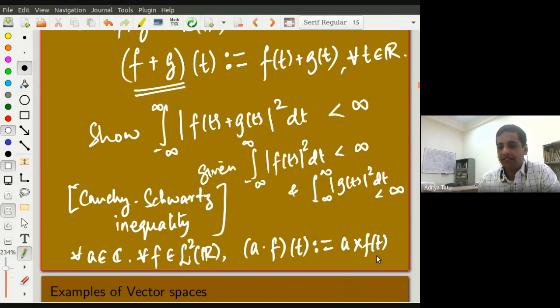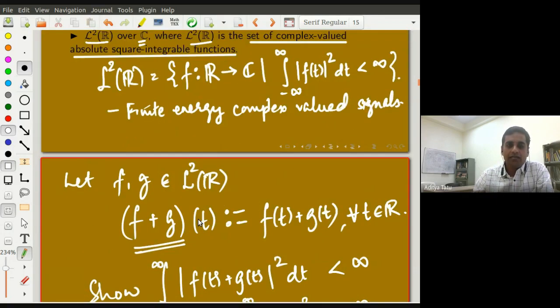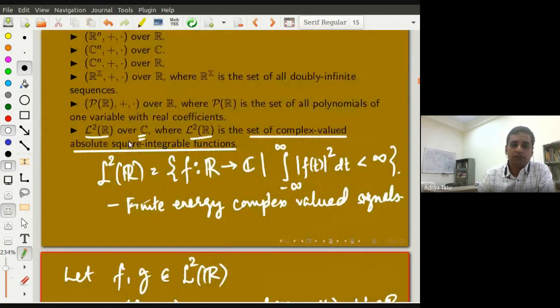And f at t is also a complex number. Multiplication of two complex numbers will be a complex number. So with scalar multiplication and vector addition defined in this way, L2 of R is also a vector space.